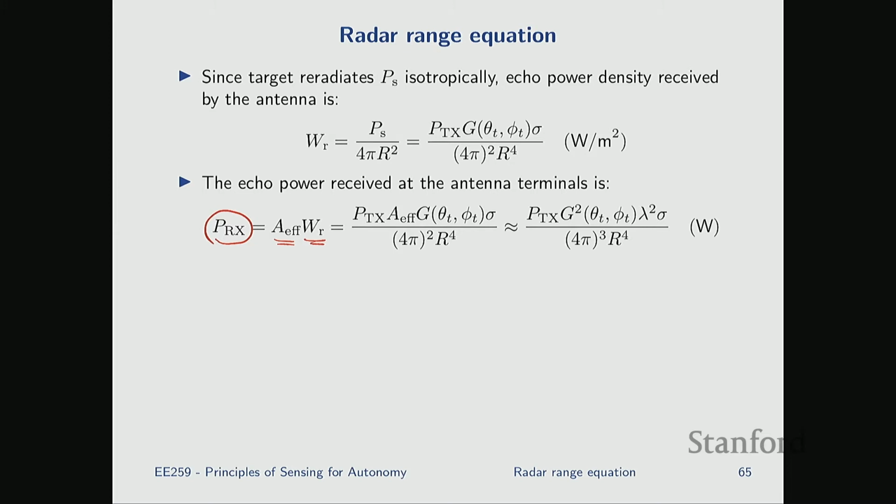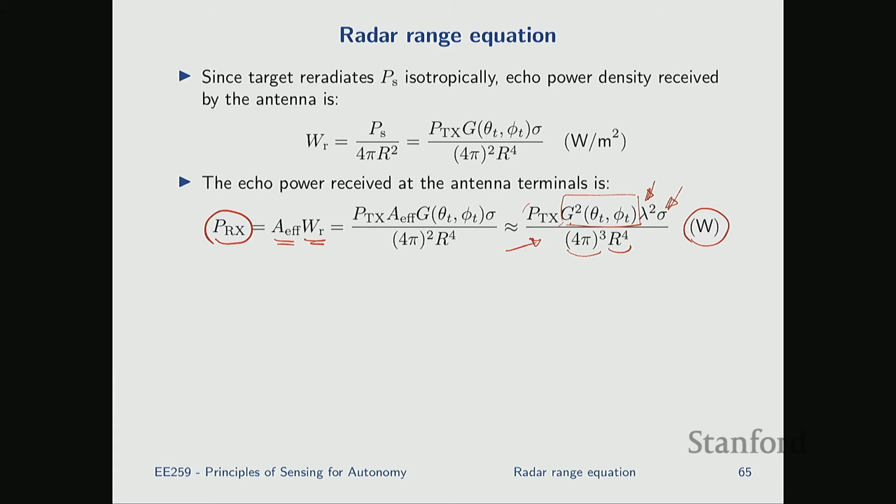So plug in the expression for A effective and make that plane wave approximation for the echo that's come back to us. We end up with this expression, which is the transmit power times the square of the gain times λ² times the radar cross-section of the target divided by (4π)³ times r⁴. And this in watts is now the total power that we have in the receiver electronics.